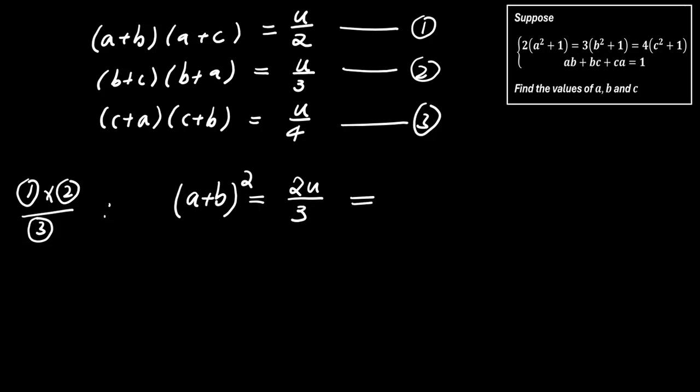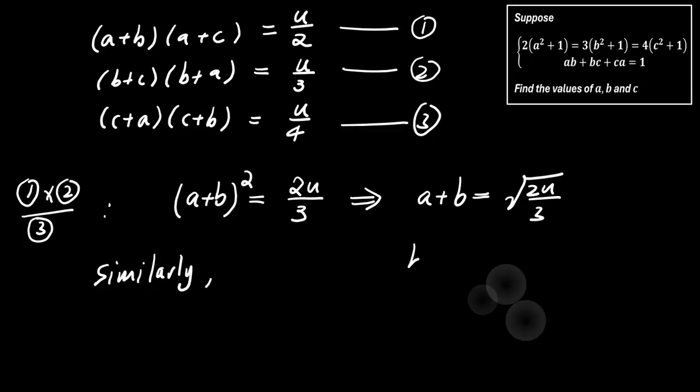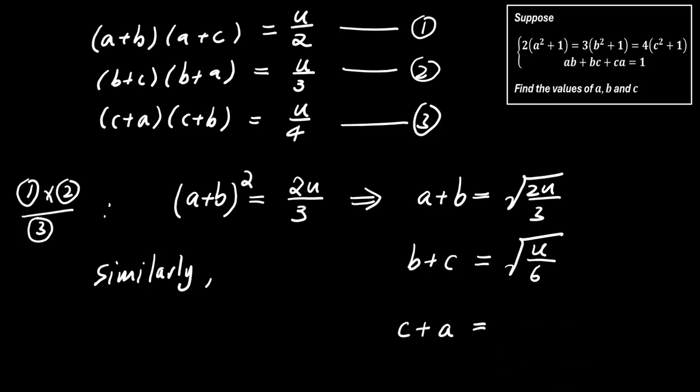From these, we deduce a plus b is the square root of 2u over 3. b plus c is the square root of u over 6. And c plus a is the square root of 3u over 8.